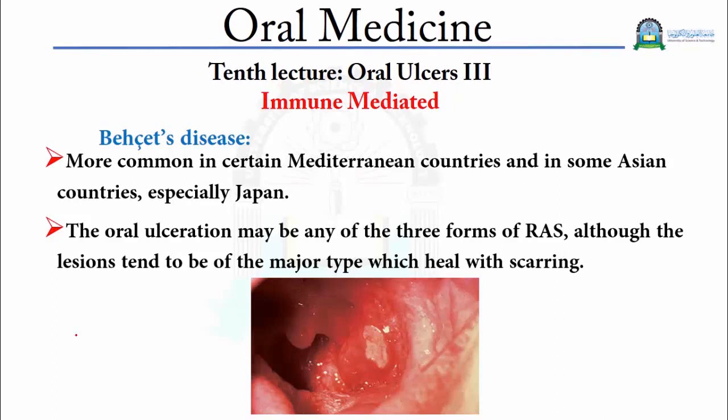The oral ulceration may be any of the 3 forms of recurrent aphthous stomatitis, although the lesions tend to be of the major type, which heal with scarring, as the major aphthous ulcer.